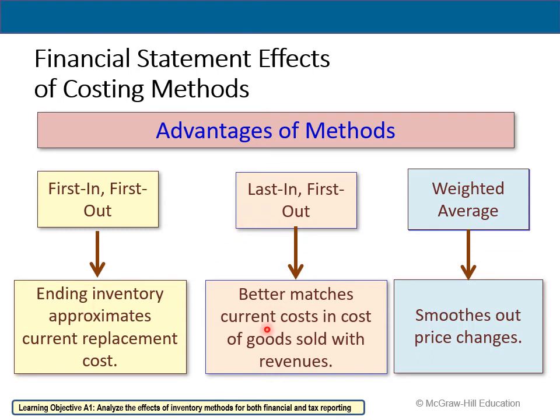LIFO is thought to be income statement focused because cost of goods sold expense is stated with the most recent numbers, so it's thought to be a more accurate number.